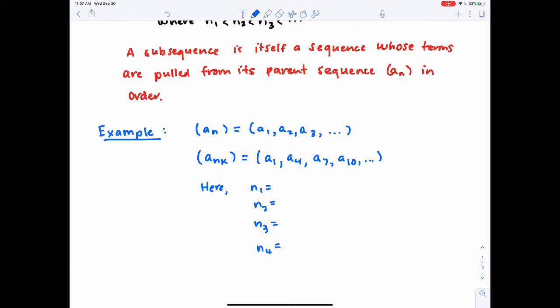So n_1 should be the value of the first subscript in my subsequence, which in this case is 1 because I've selected my first term to be a sub 1. Then my next value in the subsequence is a_4, so that tells me that my second index, n_2, is 4. My third index is 7, and my fourth index is 10. So n_k is just a way of saying, what's the value of the kth index in my subsequence? So these values here are just the subscripts of the selected terms.